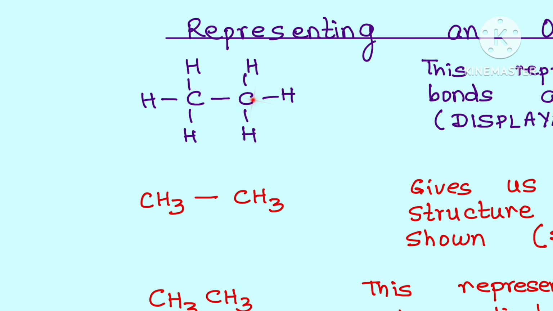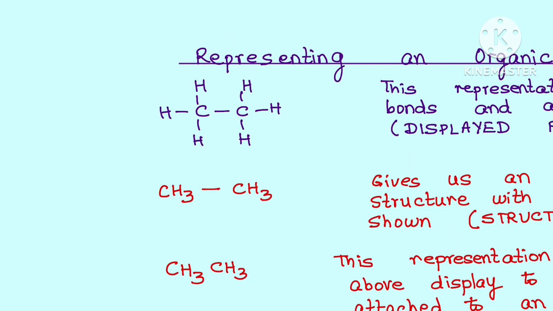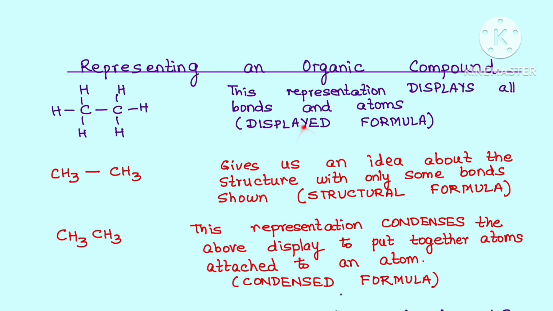So 2 carbon and 6 hydrogen atoms with all their bonds displayed. It is like an exhibition where each and everything is clearly shown, is on display. Hence this particular representation is known as a displayed formula.